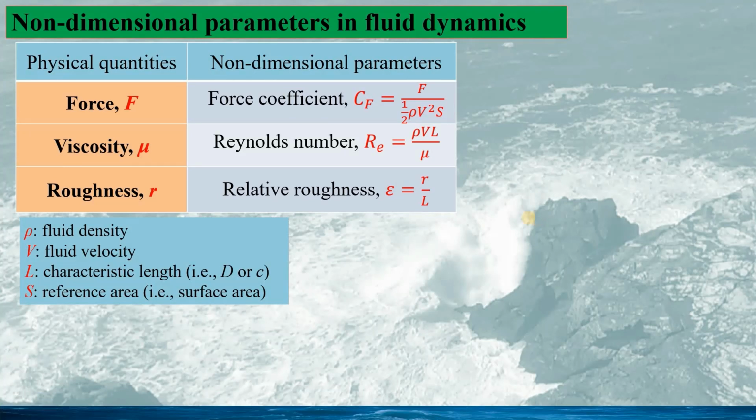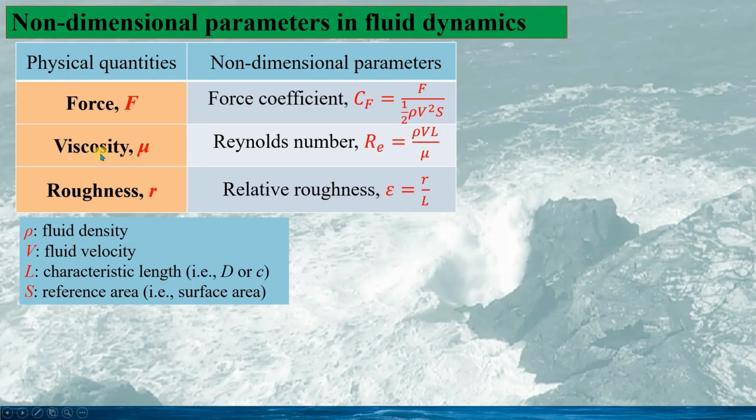Now in the next two slides, the non-dimensional parameters in fluid dynamics would be presented. Here in this slide, we can see for the physical quantity force, we would have the force coefficient given by this, as we have already seen for the fluid friction.